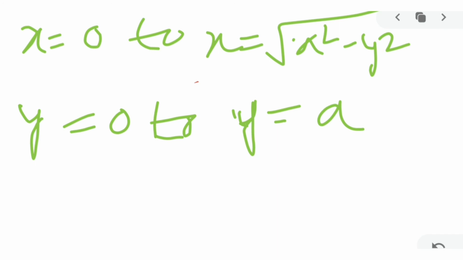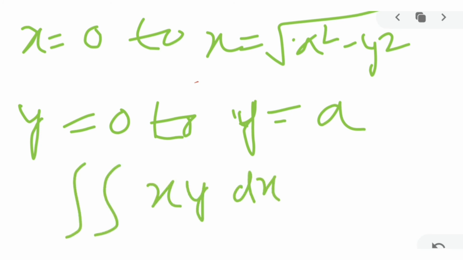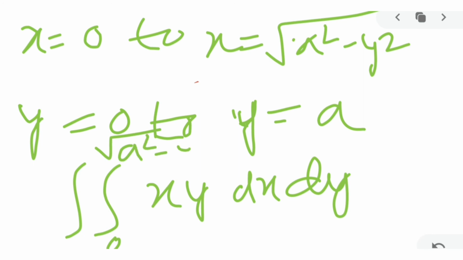Okay, so now we will write down the limits in the integration here, dx dy. First the limits for the strip will be 0 to root over a square minus y square, and then the limits of y from 0 to a. So this is for the horizontal strip.